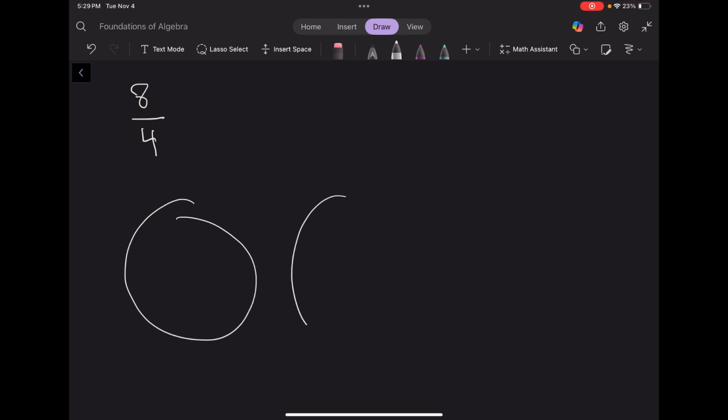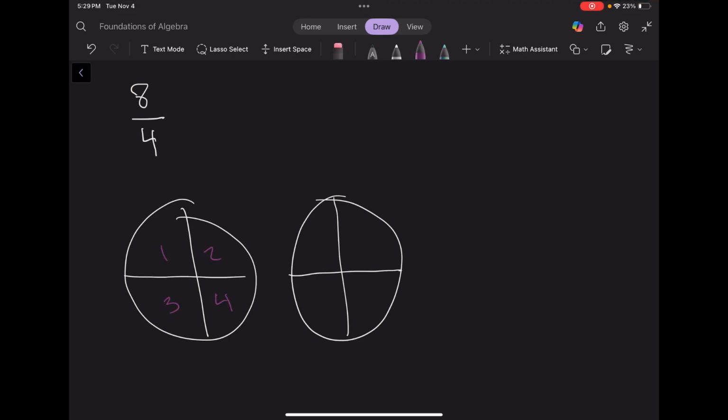Alright, so fractions are also like division problems, but frozen in time. What I mean by that is we can have fractions like, let's do 8/4. If we have 2 pies, but we have 8 slices, 1, 2, 3, 4, 5, 6, 7, 8.